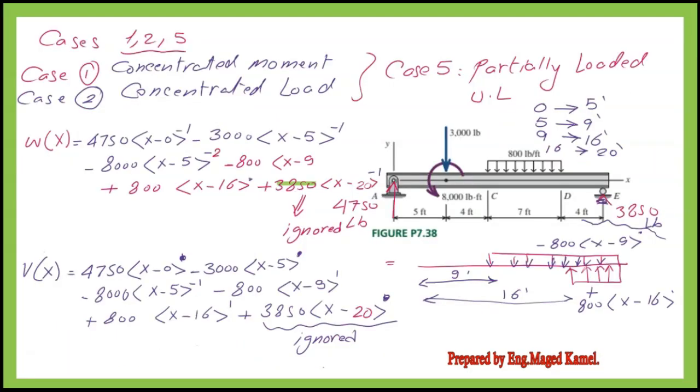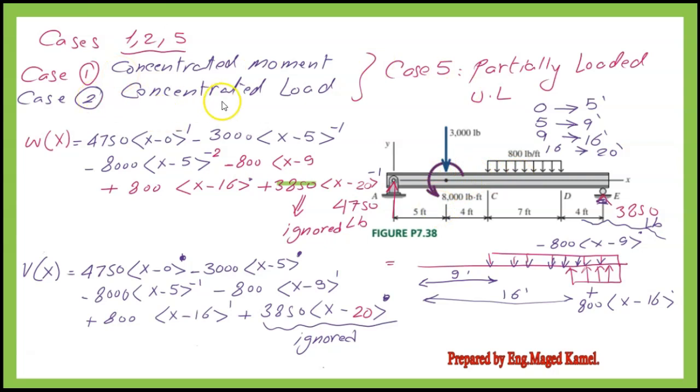In this practice problem, we have 3 cases, which are cases 1, 2, and 5 in the discontinuity function tables. Case 1 is the case of concentrated moment, which we have anticlockwise of 8,000 pound-foot.